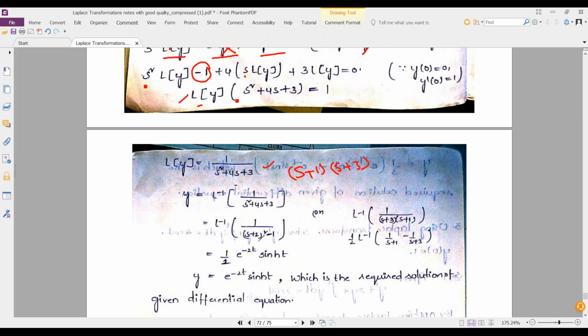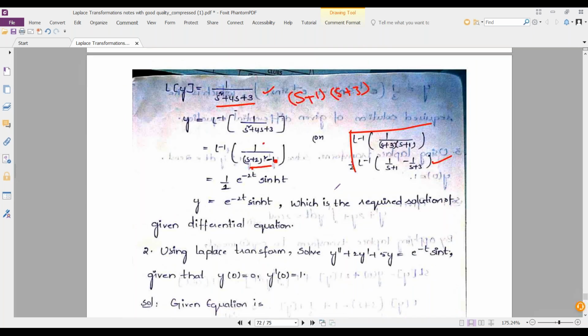Finally you're going to get the same. Or this one can be written as s plus 2 whole square minus 1 also. Which means hyperbolic functions and exponential terms also can be possible. On simplification you may get this one.